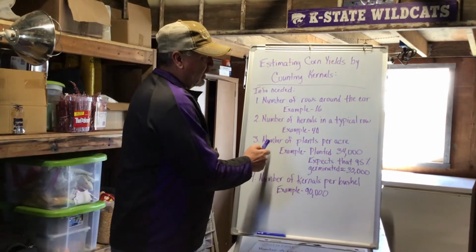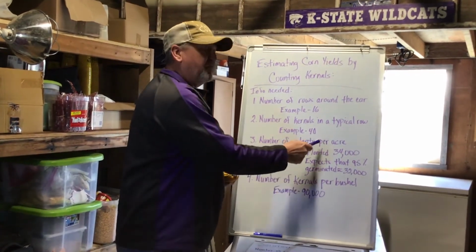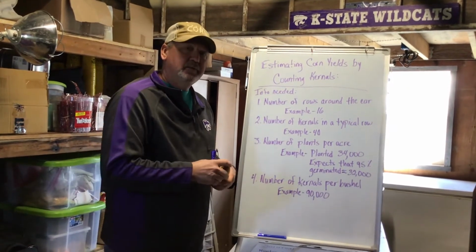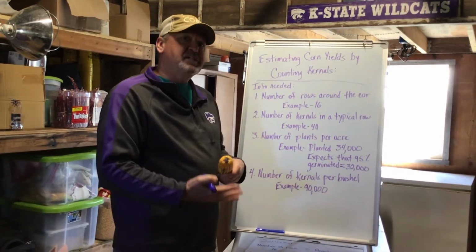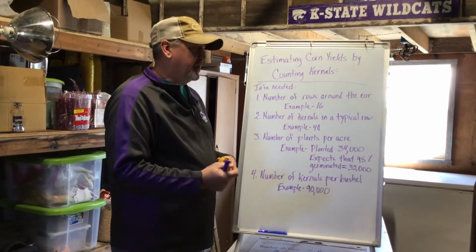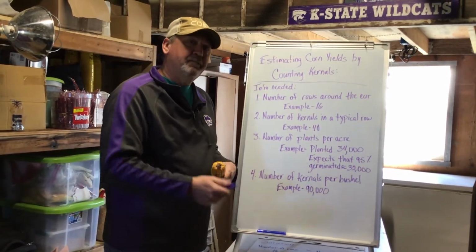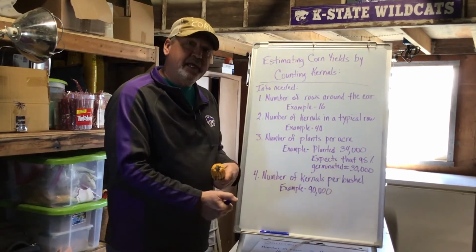Also, I'm going to need to know the number of plants per acre. And in farming, farmers have gotten very specific about this. They can set their planters to plant a specific number of seeds per acre.